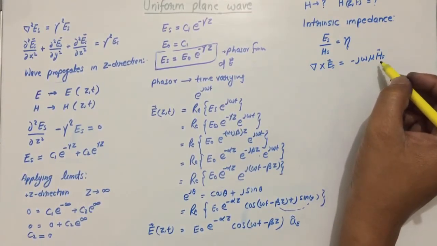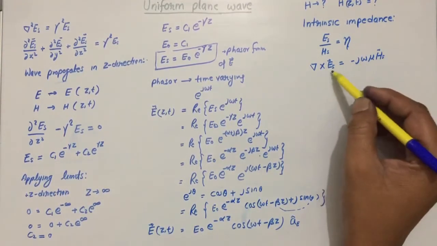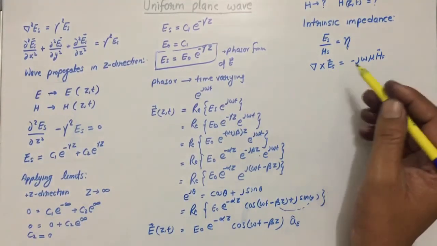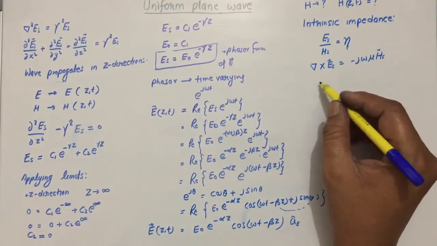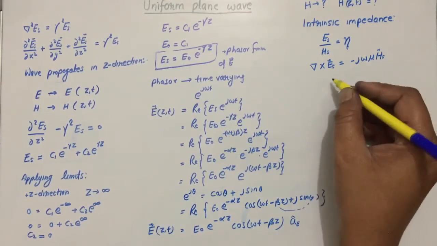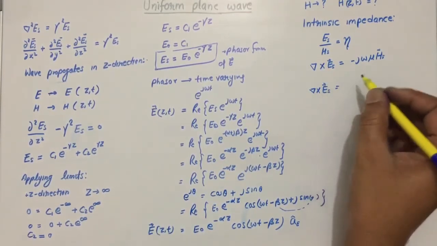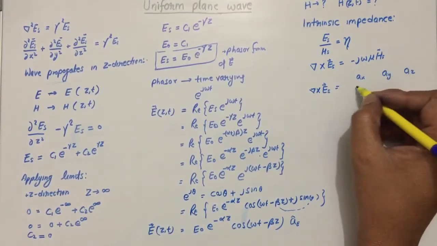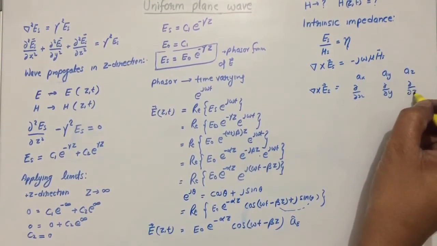Now to find the ratio of this to this, let us simplify this. As Es is in the x direction, let us assume, then we can find the curl of Es. The curl of any vector can be written in this form, del over del x, del over del y, del over del z.